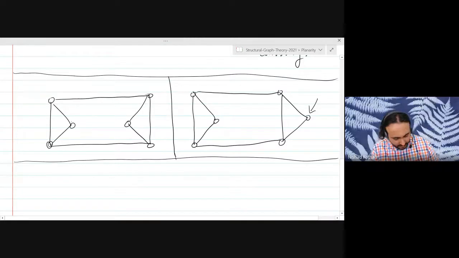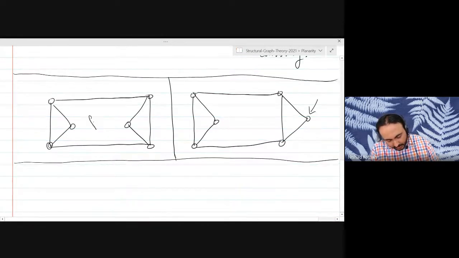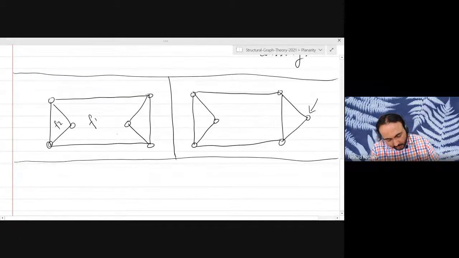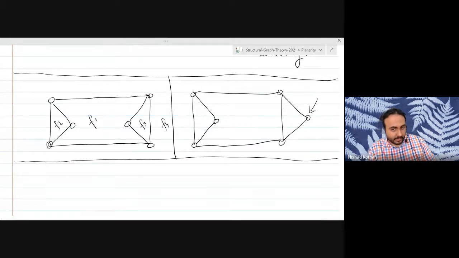So the way to look at it, there is a concept called faces. I'm not going to define it rigorously right now, but intuitively you can see what the meaning could be. These are the four faces in this graph, with respect to this planar embedding of the given graph. And in this case, there is a concept of length of a face, which is the boundary of that face.